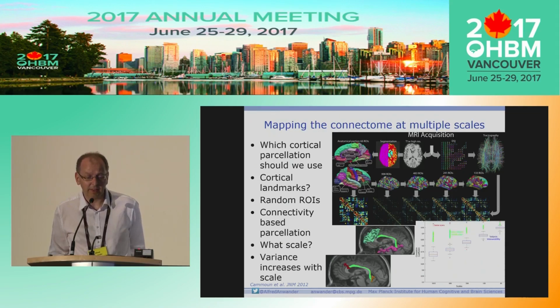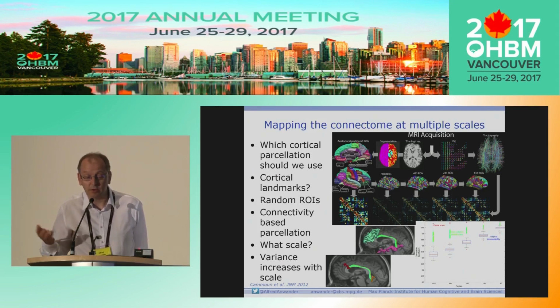And the second thing he found out is that the smaller you do the subdivision, the higher you get the individual variability. So here the correlation between the different subjects gets lower, which of course is maybe not what you want, but it might highlight a higher sensitivity to variability between the subjects, or it might just introduce some noise. So there are some issues to be solved, like which is the best parcellation here.